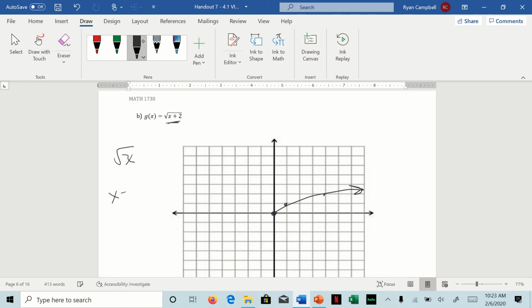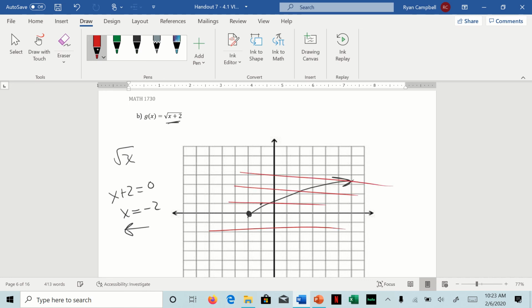We should remember the square root of x looks like this. Using our transformations, this means we're going to move the graph to the left 2 units, so we start at negative 2. That's our graph. And once again, a horizontal line is going to cross the graph in at most one place. Down here, it's 0, so that's okay. Any other place is going to only cross it once, so we also see that it's 1-to-1 by the horizontal line test.